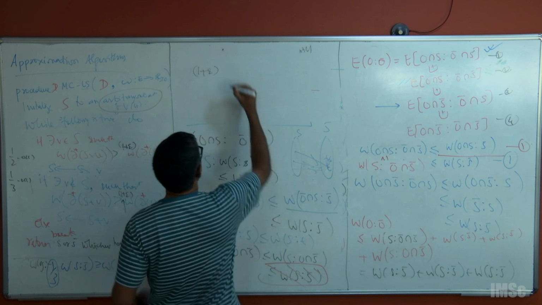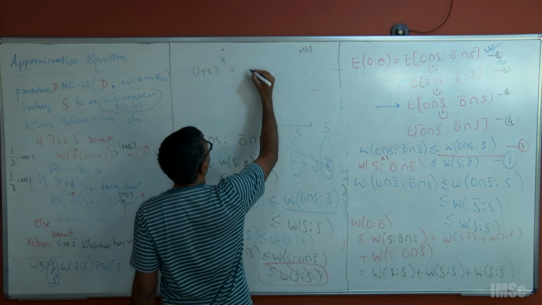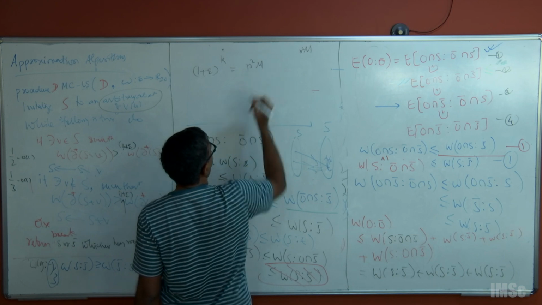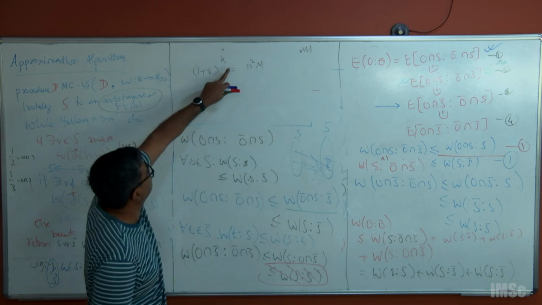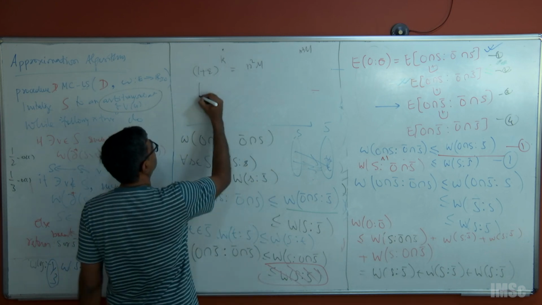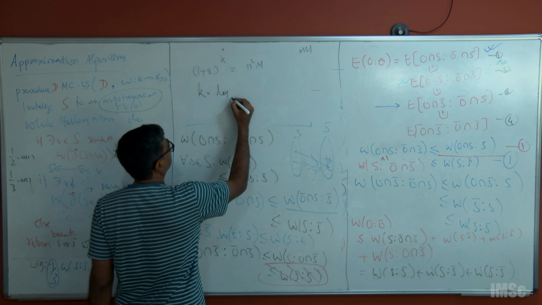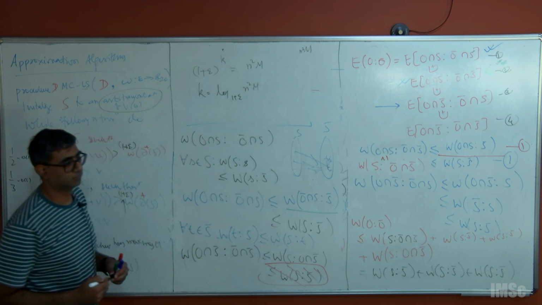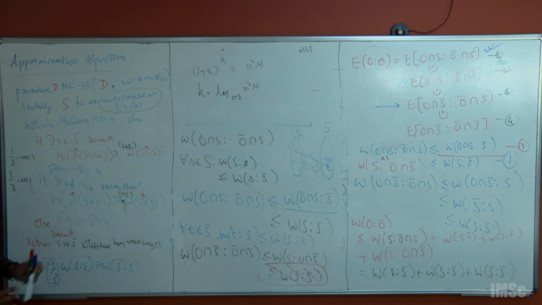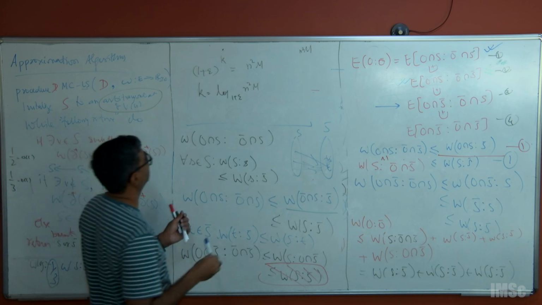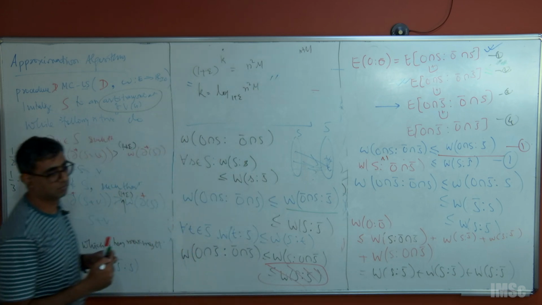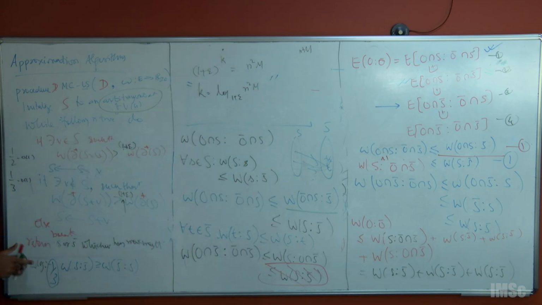So you want 1 plus epsilon to the k to be equal to n squared m, so k is roughly log of this, and it converges. But then you lose a little bit.